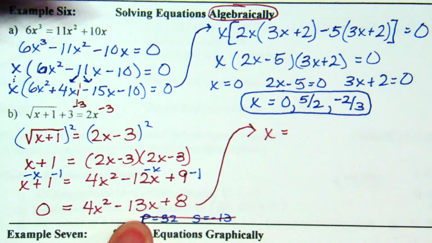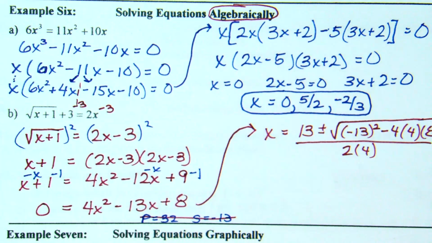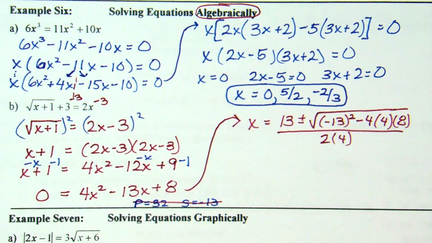It's the opposite of negative 13, so 13 plus or minus the square root b squared, negative 13 squared minus 4ac all over 2a.